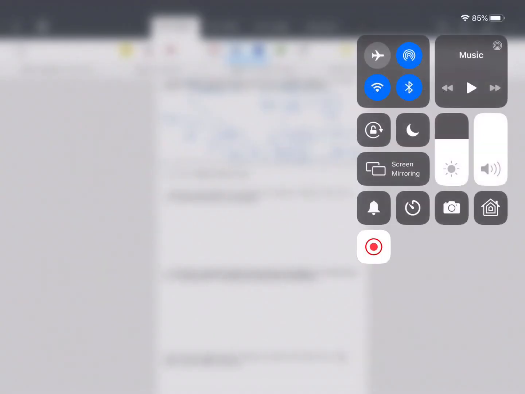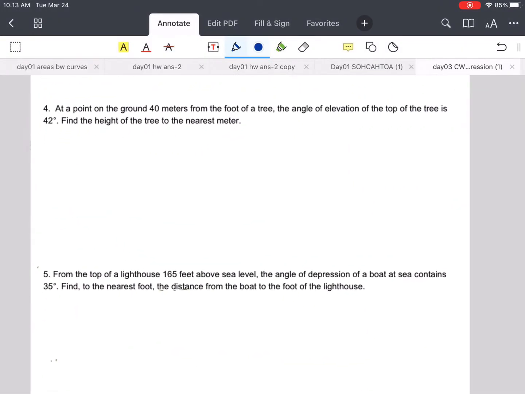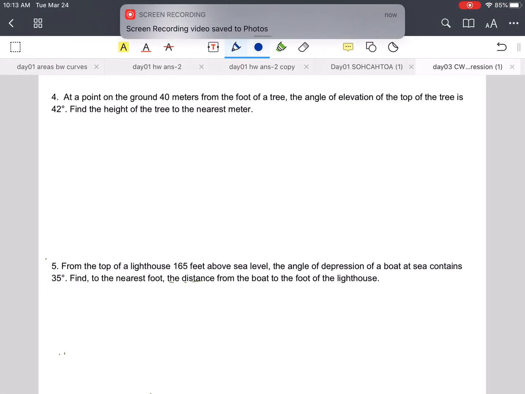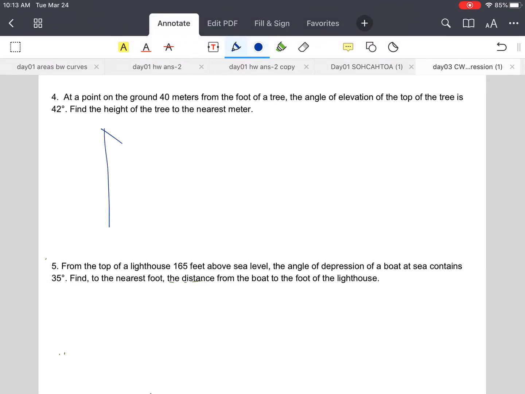Okay, so coming back to it now, if you had trouble with it, I'm gonna work them all out now, but if you already saw that you had this, you can move on.